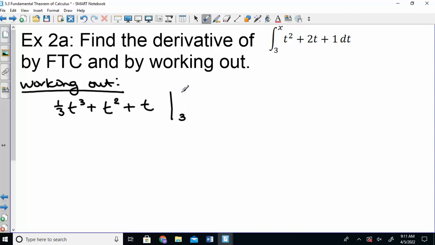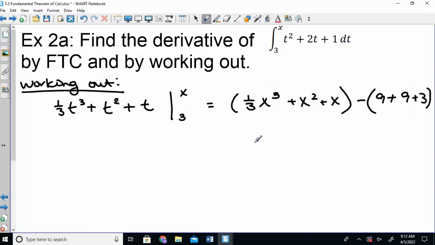T. Okay, we need to evaluate that from 3 to x. So when you plug in your x, you get 1/3 x cubed plus x squared plus x. Minus when you plug in the 3. 3 to the third is 27 times 1/3 is 9. 3 squared is 9 plus 3. So this turns into 21.